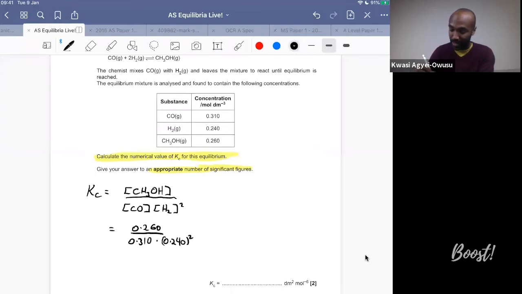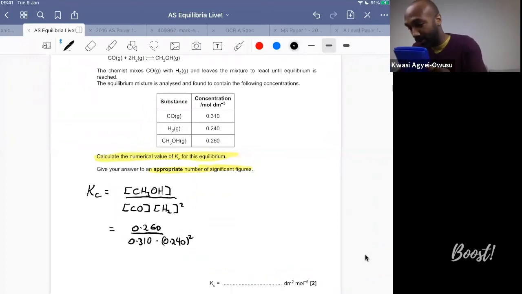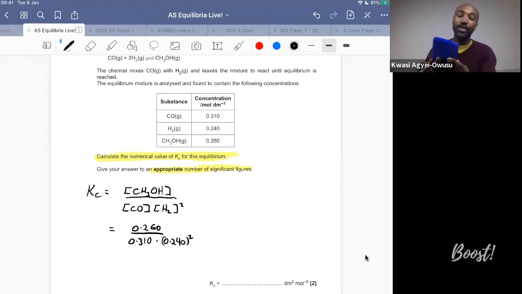Okay, and if we plug all of that into our calculator, I should very quickly do that. So we've got 0.24 squared, and if we multiply that by 0.31, and then divide by 0.26, we should get 14.6.